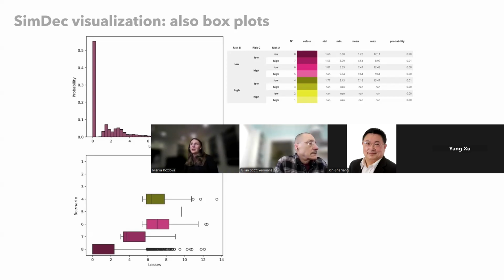So they are like some contrasting outputs. If you have conflicting goals of optimization, for example, costs and emissions, then that is a really powerful visualization.